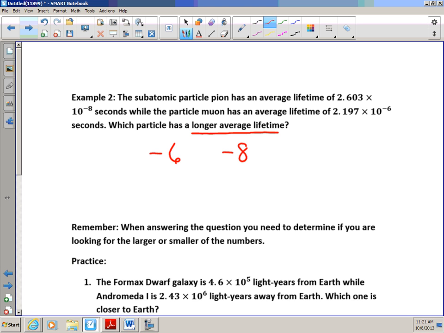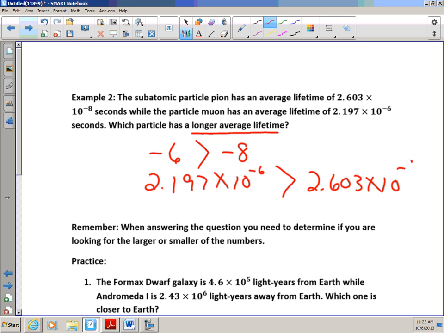Which of those two is the larger number? -6 is larger. So then that means 2.197 times 10 to the -6 is larger than 2.603 times 10 to the -8. I don't care about the decimal parts because the exponents are different. So muon has a longer average lifetime.